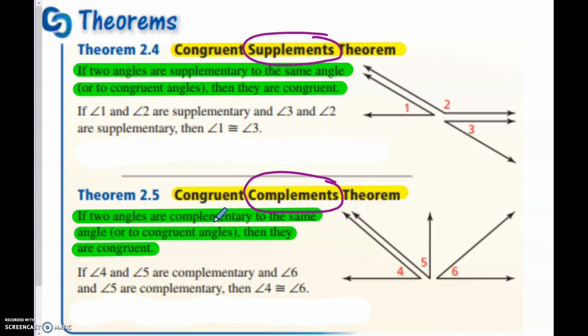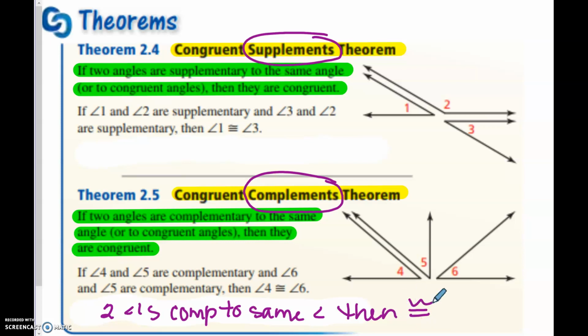My brain has a hard time remembering the actual name of the congruent complements theorem, so I will sometimes write out the whole thing in green, just abbreviated a little bit. So if you have a hard time remembering the full name, if you explain what the theorem is, then that will work for you too.